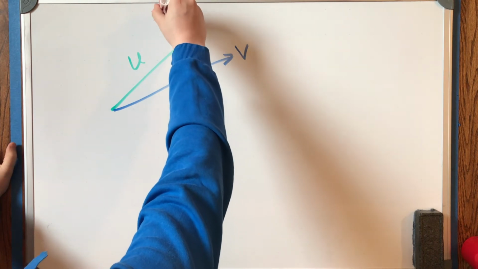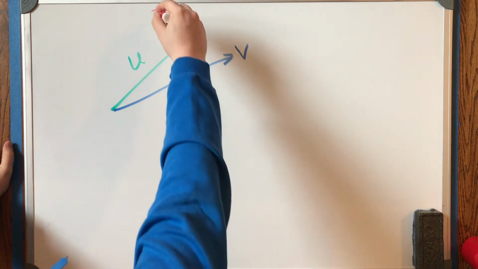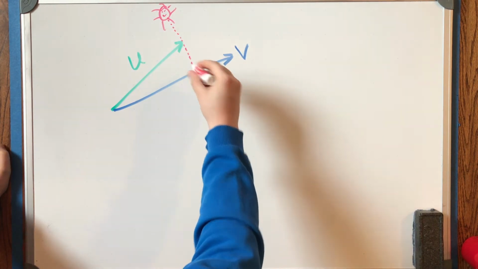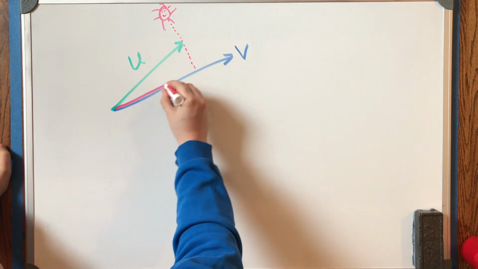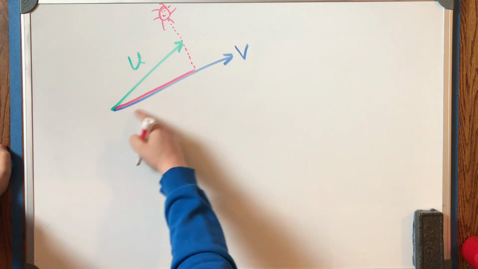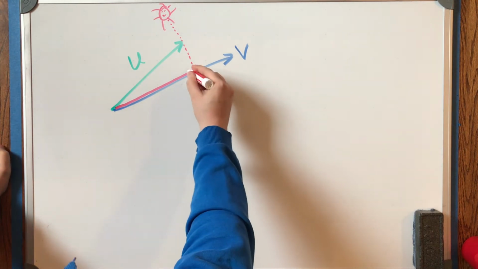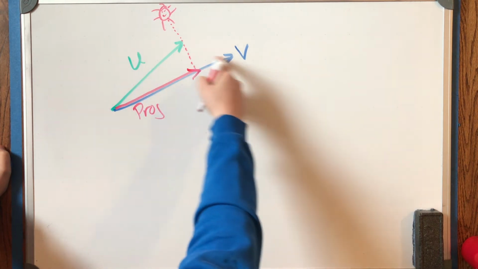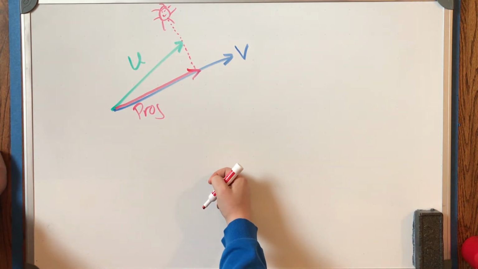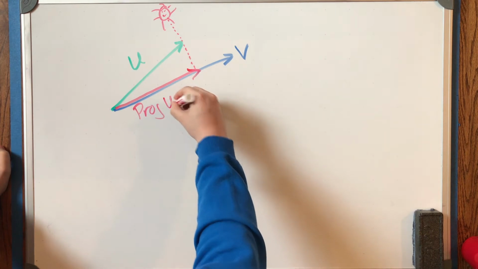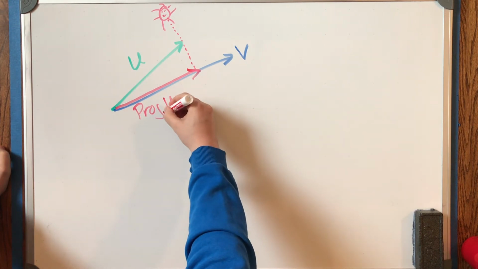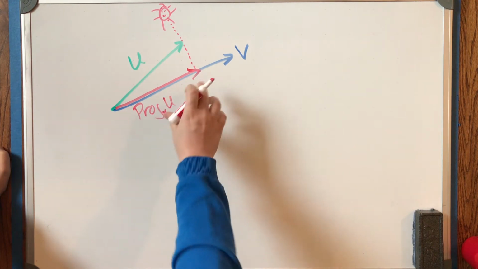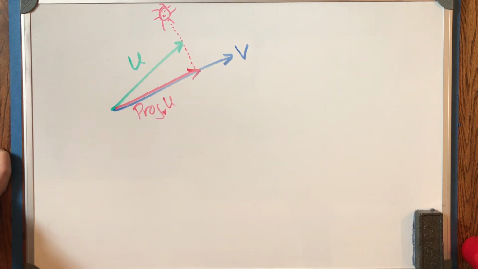So here's a nice happy little sun, and it was projecting its light down. What it would do is make a shadow. So u would cast a shadow onto v right here. And this is the projection vector of u onto v. Okay? So it's the projection of u onto v. So big letter u, little letter v, and that's how we write this notation here.